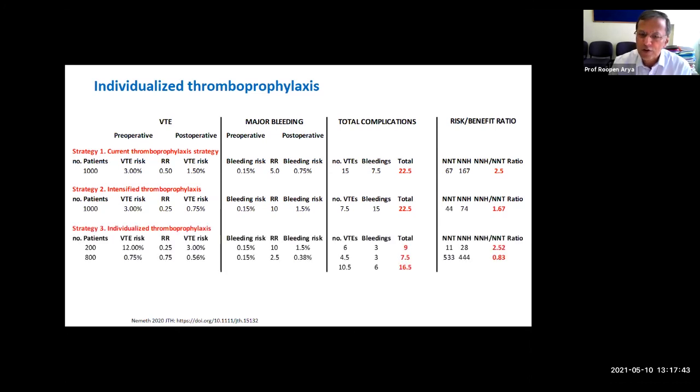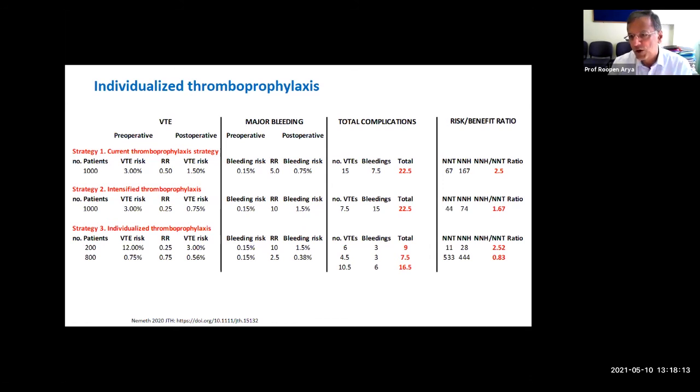However, if you stratify using the VTE as well as the bleeding risk, then you can identify, say, 1 in 5 patients as being a higher risk cohort. And thus, those patients might benefit from either longer duration of prophylaxis or a higher dose of anticoagulation, saving the 800 lower risk patients from the cost and the burden of thromboprophylaxis.